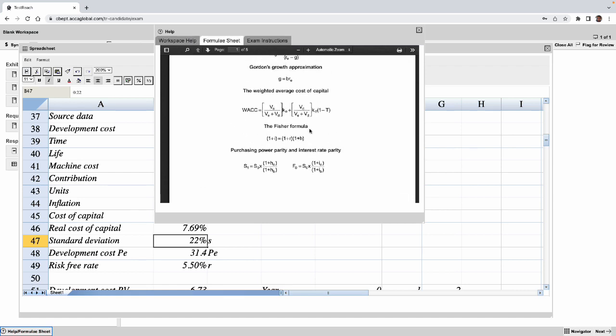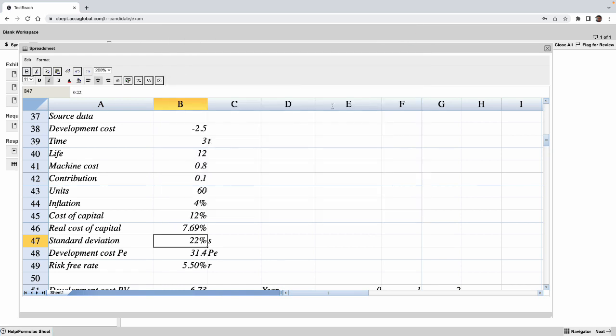I am using the Fisher formula. Can you see the Fisher formula? So you can write down, using the Fisher formula. Okay, that covers that one. So that's how I get the real rate there.